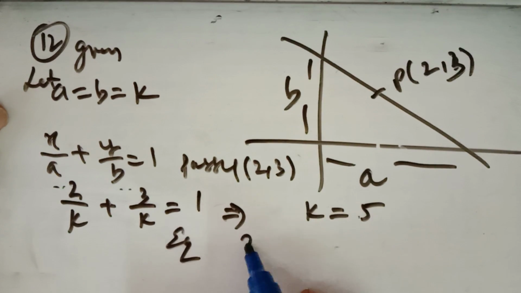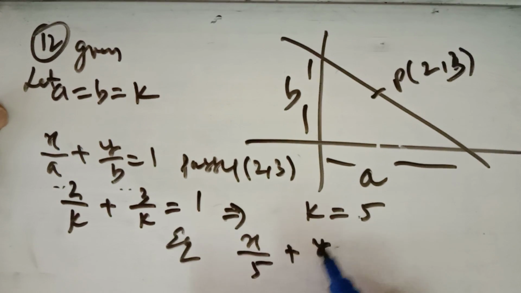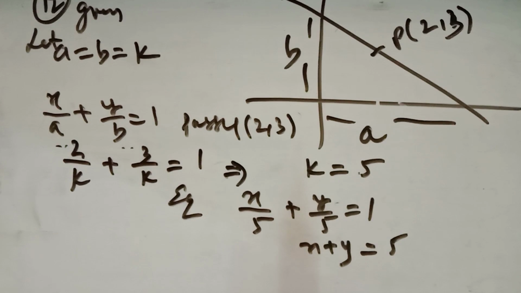Then the equation of the line is x upon a plus y upon b equals 1, that is x plus y equals 5. This is the equation of the line passing through the point (2, 3) and making equal intercepts.